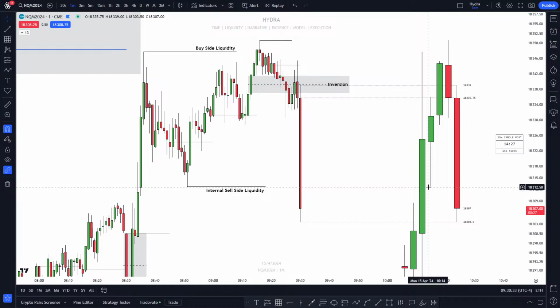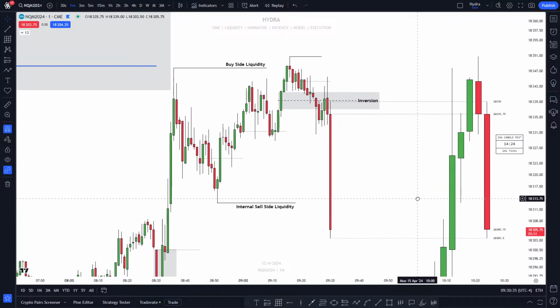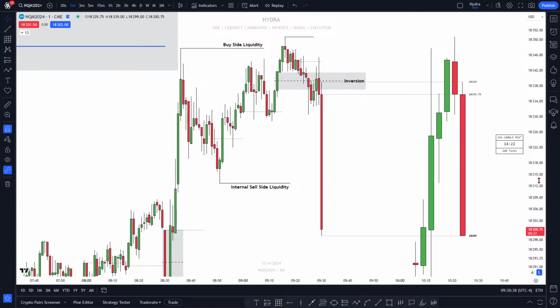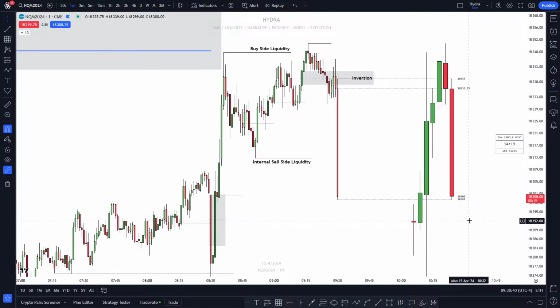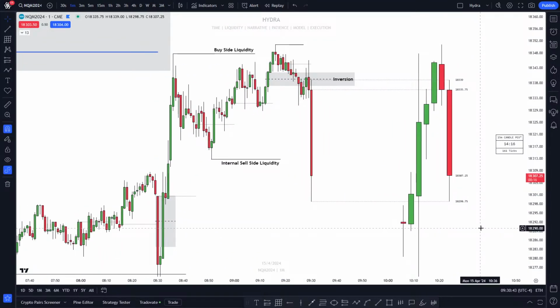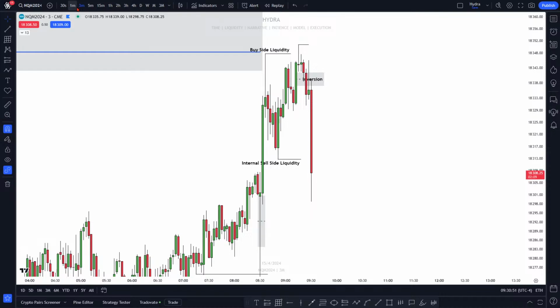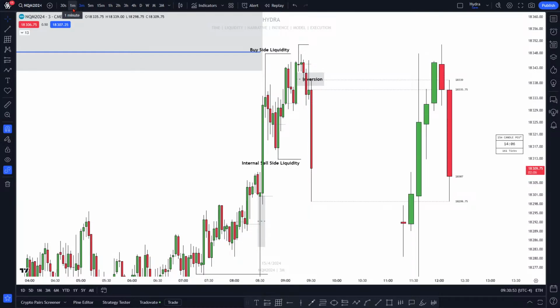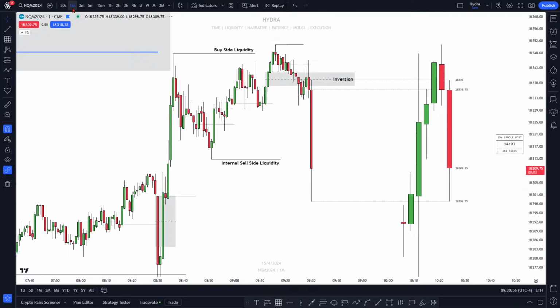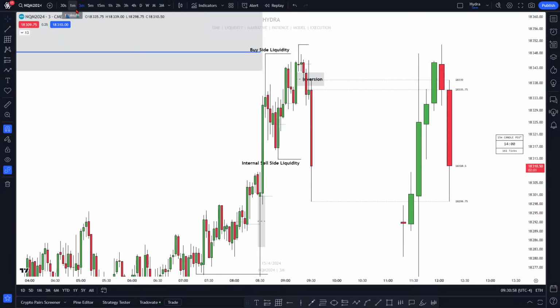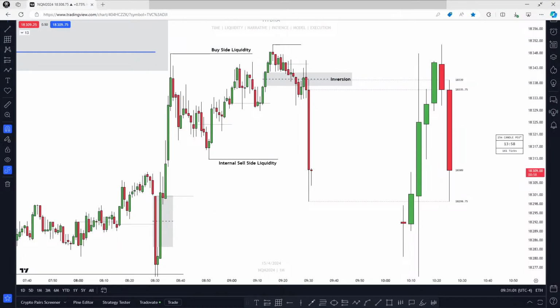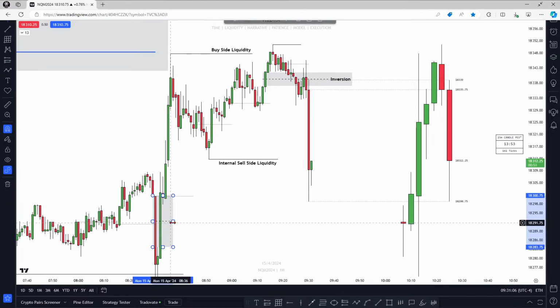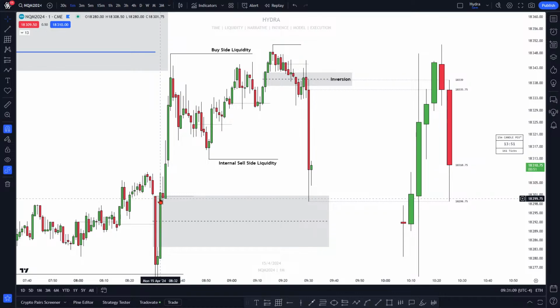The fair value gap I was seeing as a draw. Our 830 inversion.